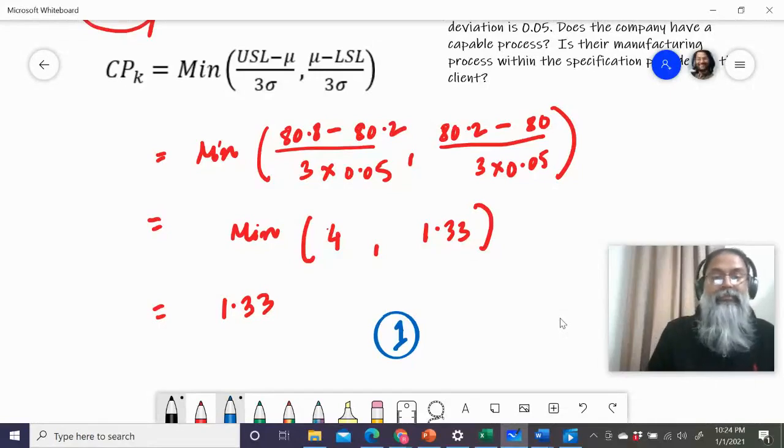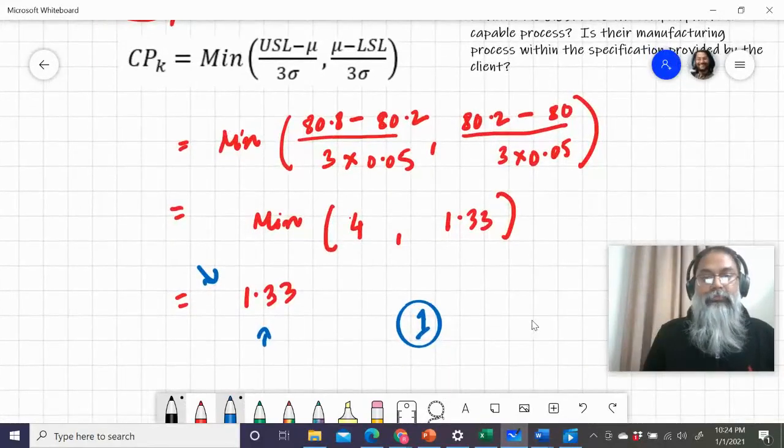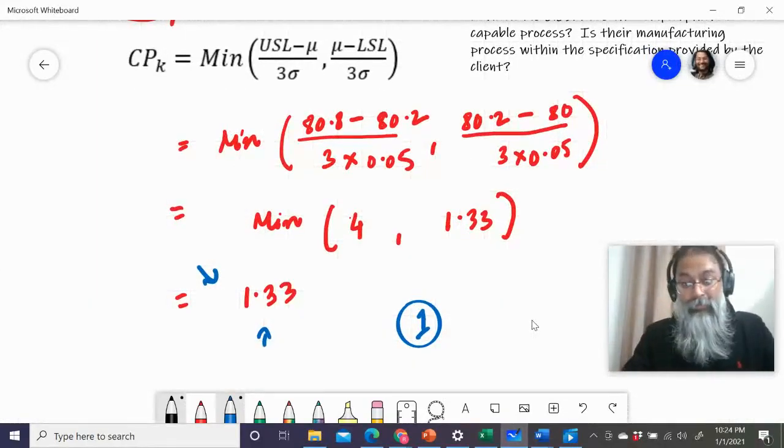So in this case, the process is within customer specification limit. So the process is not only just capable, it is also within the customer specification limit. So this is another important number for us to come up with.